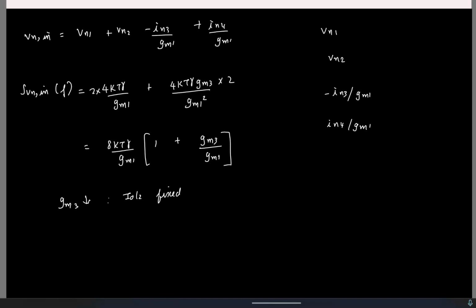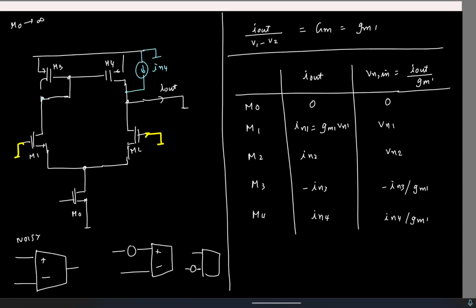So what does it mean if gm3 reduces for a fixed current? Because I know gm3 is basically twice the drain current divided by the overdrive voltage. If gm3 drops for a constant ID, it means I'll have to have a larger overdrive voltage. But if I keep increasing the overdrive voltage for the PMOS transistors, what will happen to this voltage?